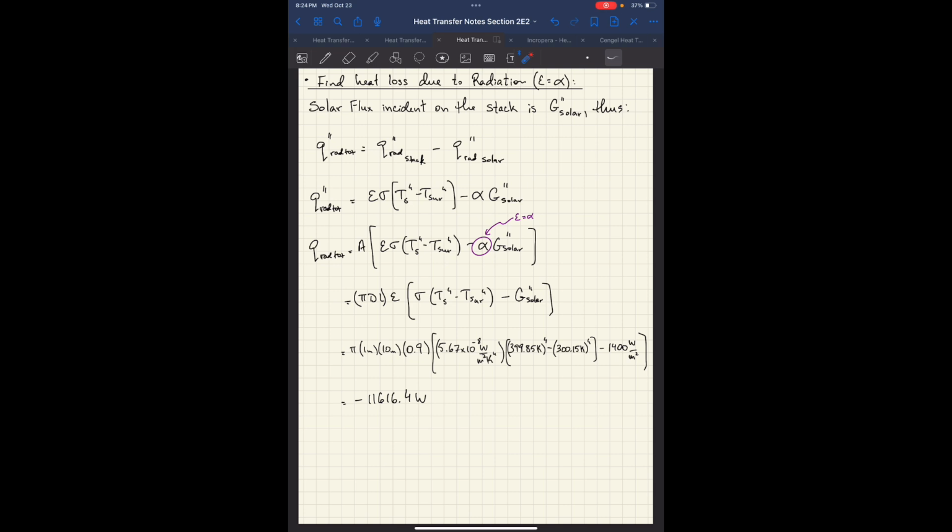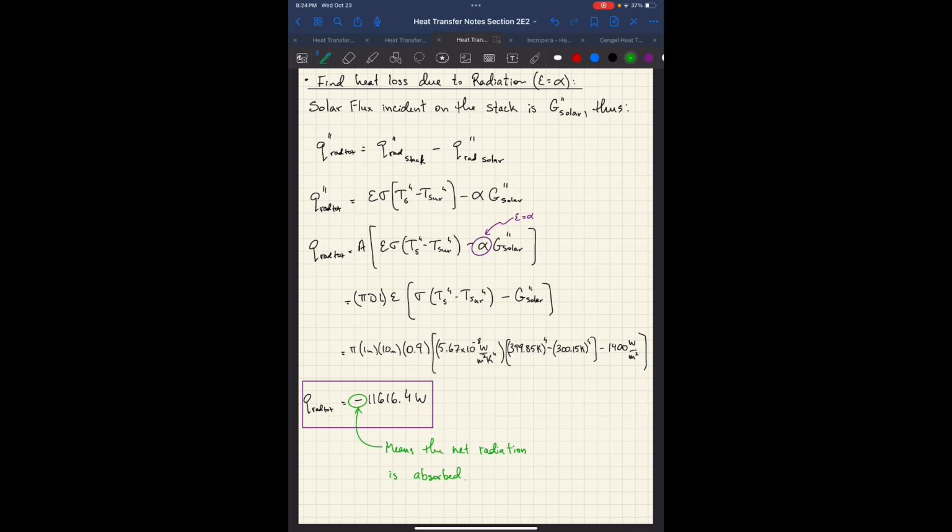Okay, so that's important to note. So I'll add that here. Net radiation, the minus sign means the net radiation is absorbed.